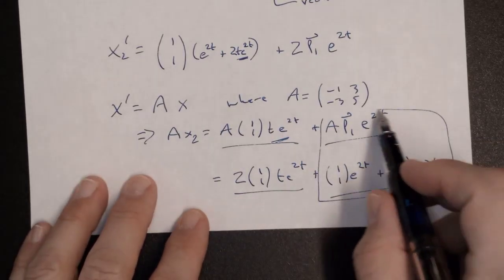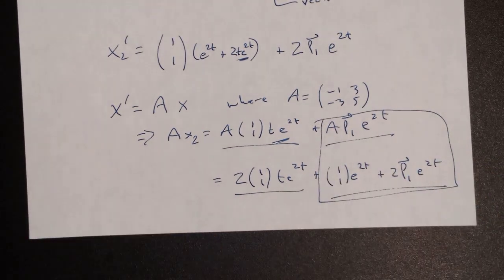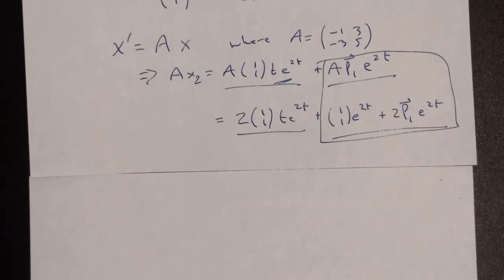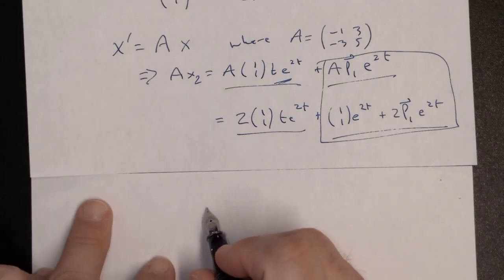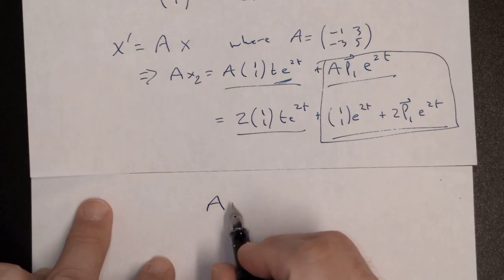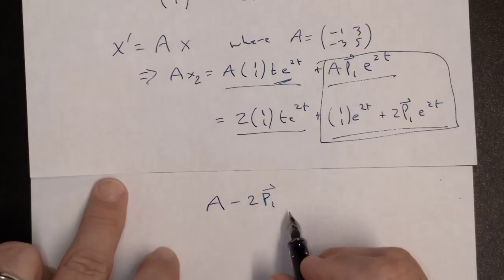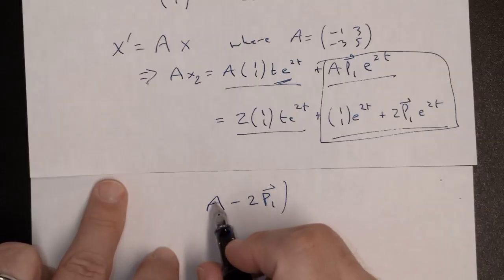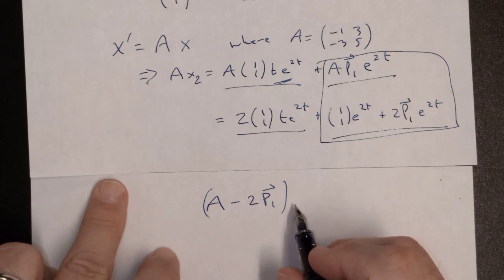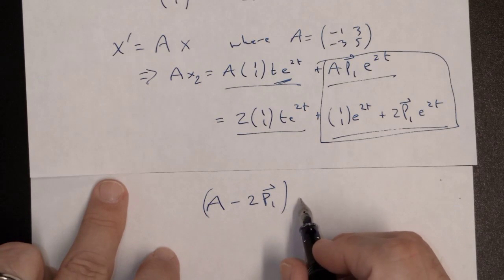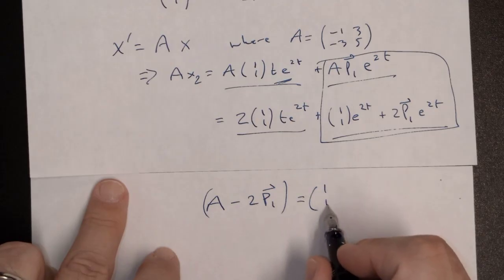I like this because that kind of looks like my equation. I want (A minus 2I) P1 to be equal to (1, 1).